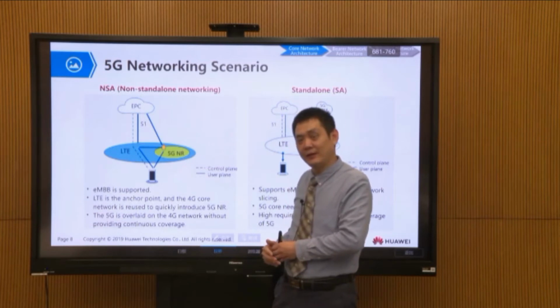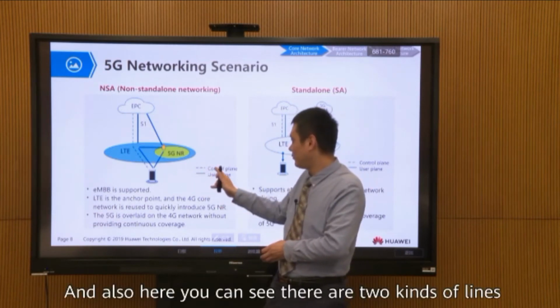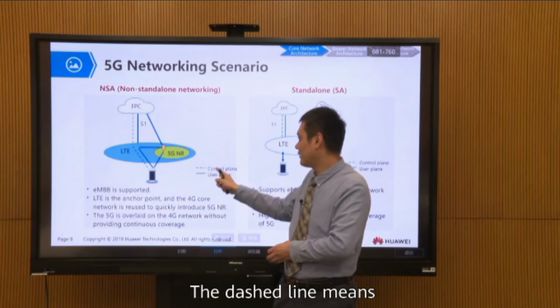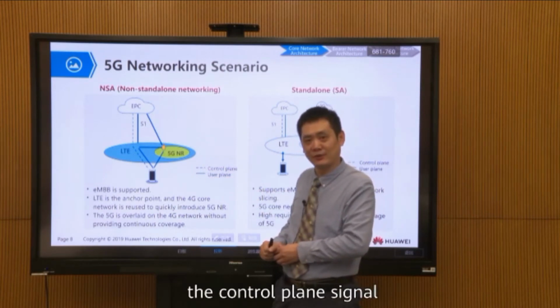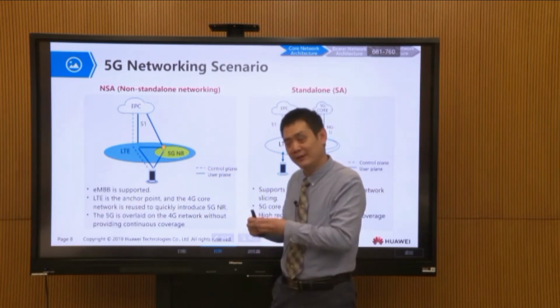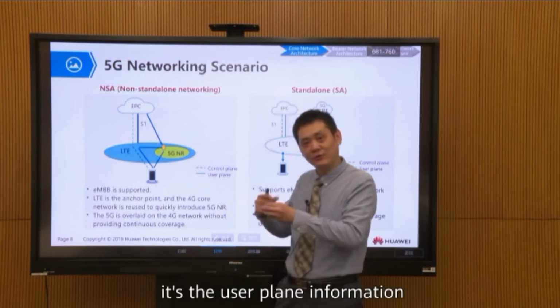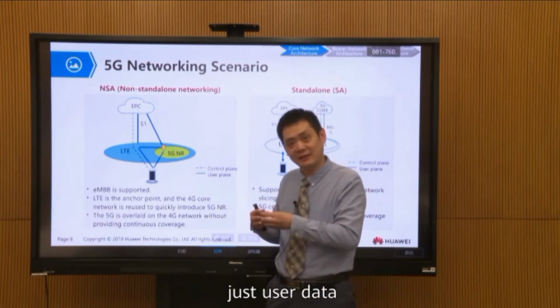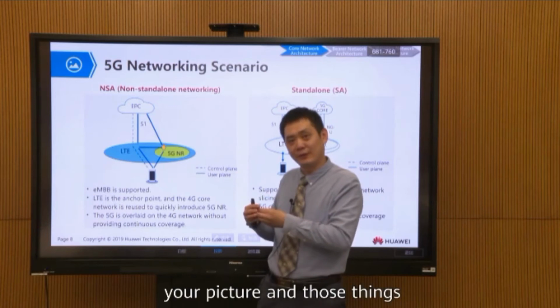And also here you can see there are two kinds of lines. The dashed line means the control plane signal, control signaling. And the solid line is the user plane information, just user data, like your video, your pictures, those things.